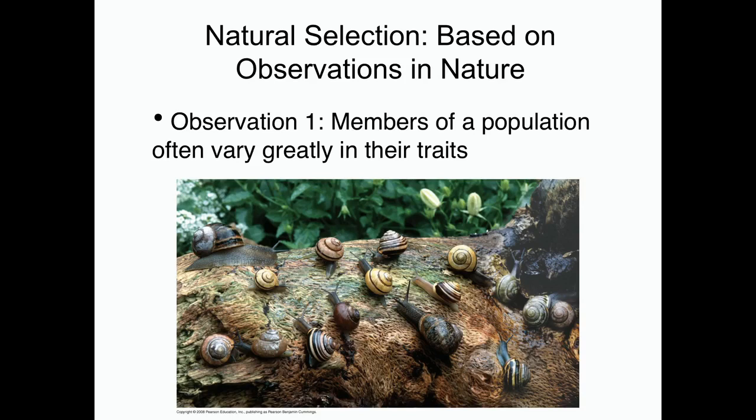So first off, he noticed that when he looked around at populations, so again, these are groups of interbreeding individuals within one species, they didn't all look the same. So they varied. You had snails that could breed with each other, but not all the snails had the same color shell or the same size shell. There was variety amongst organisms, and he noticed this in every group of organisms that he came across on his voyage.